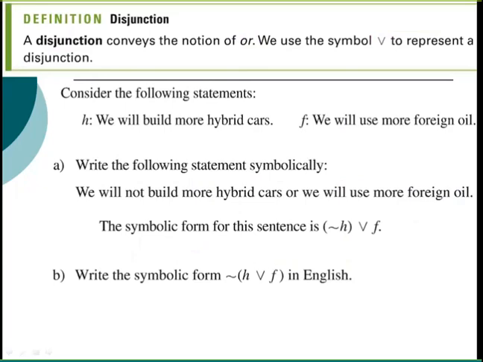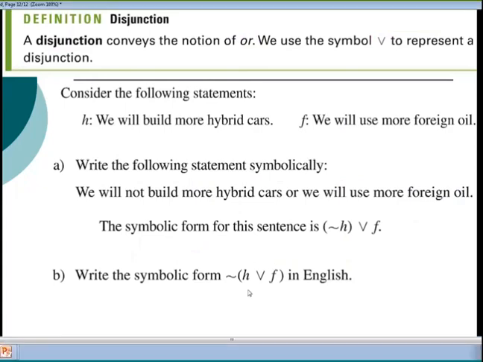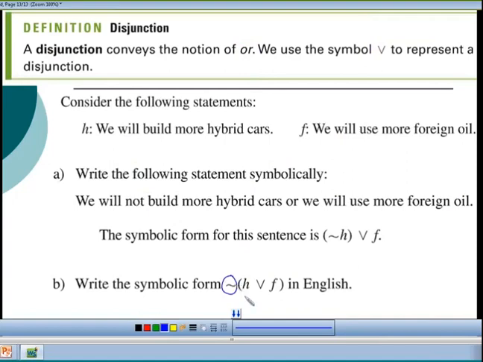So this is saying I'm going to negate this statement. So we need to say this after we're saying the opposite of this. In other words, we're not doing what's happening inside. So what we're saying is we will build more hybrid cars, or we will use more foreign oil, and then we're not doing that.